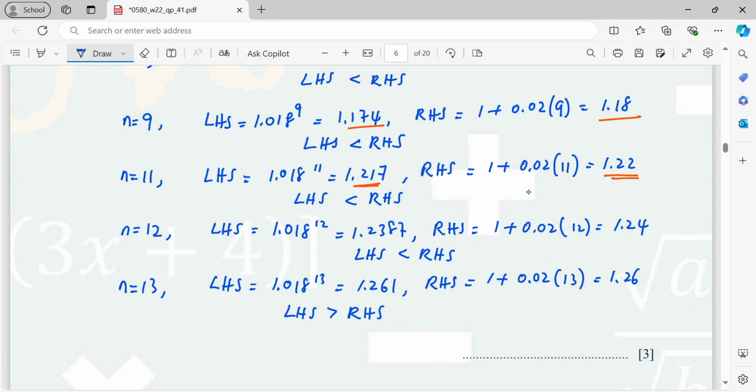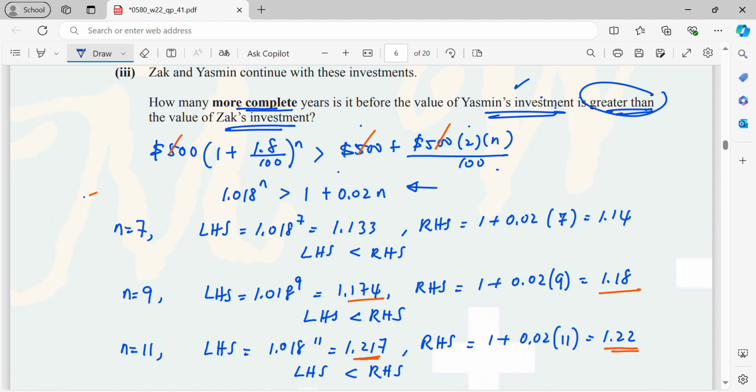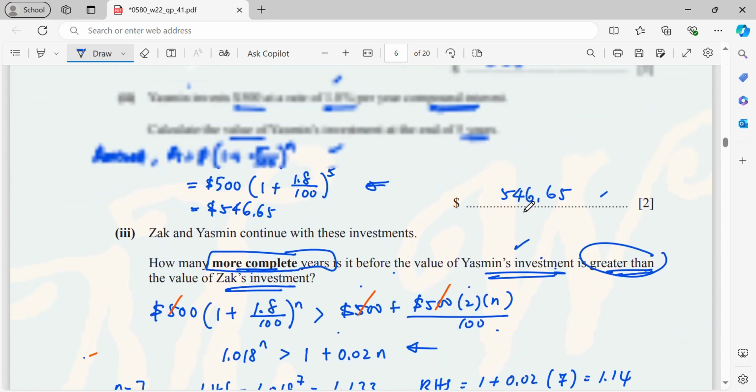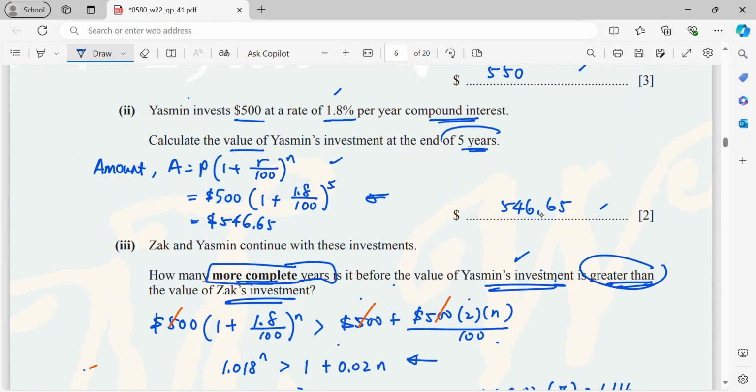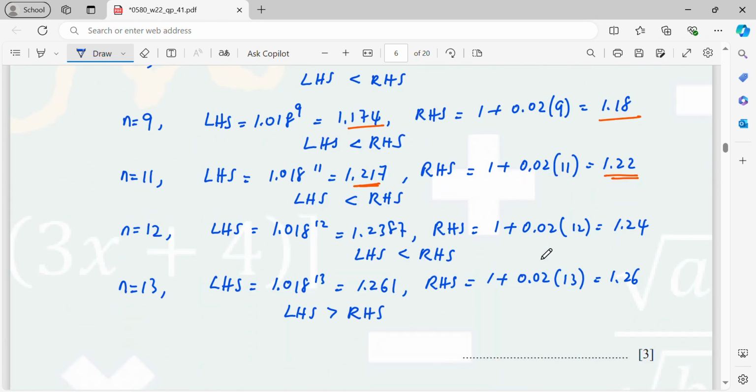Okay, that means now at the end of 13 years, Yasmin's investment will be greater than Zach's investment. But when you look at the question carefully, how many more complete years before Yasmin's investment is greater? So just now it was 5 years, right? So from 5 years to 13 years, how many more years?